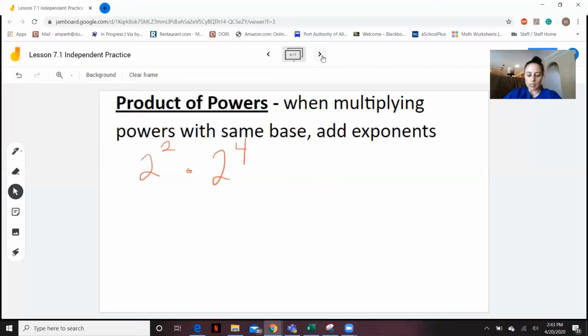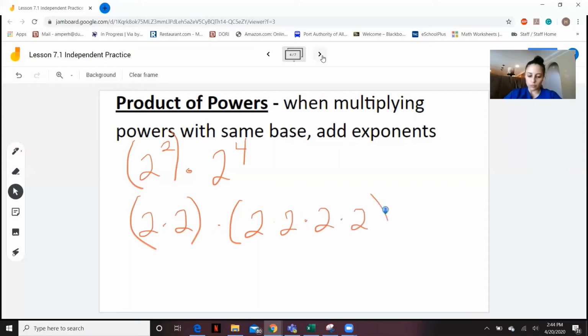If we wrote this out, we could write 2 times 2, that's this one, times 2 times 2 times 2 times 2. When we are finished, we end up with six 2s, because we could just write it all in one line, and that's 2 to the 6th.